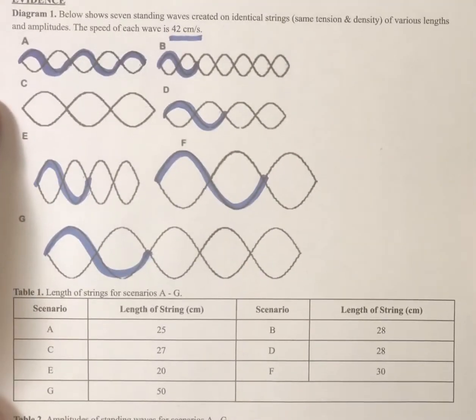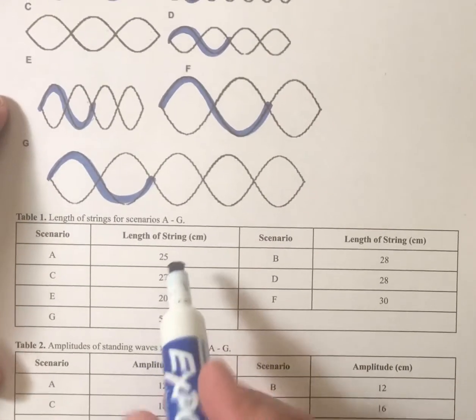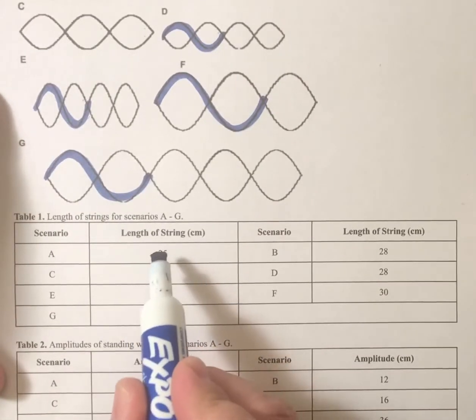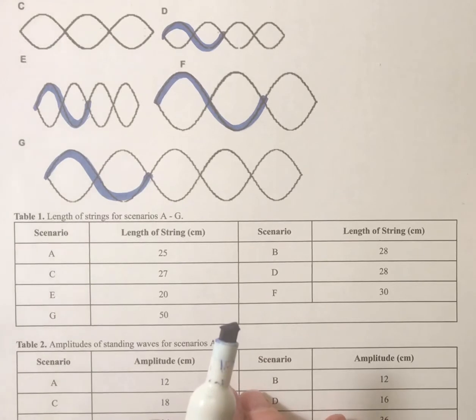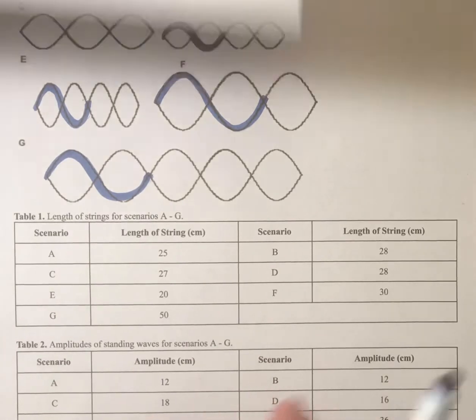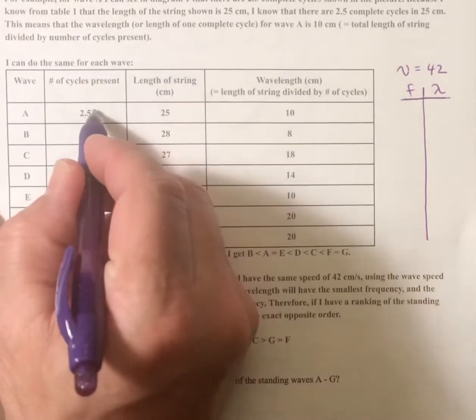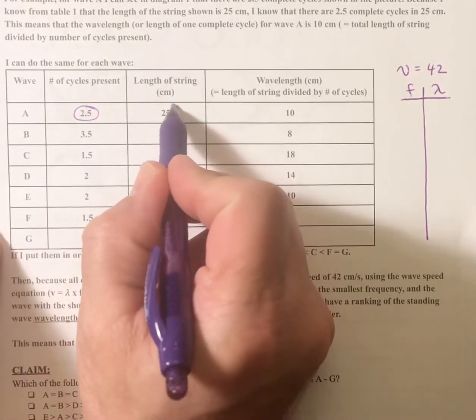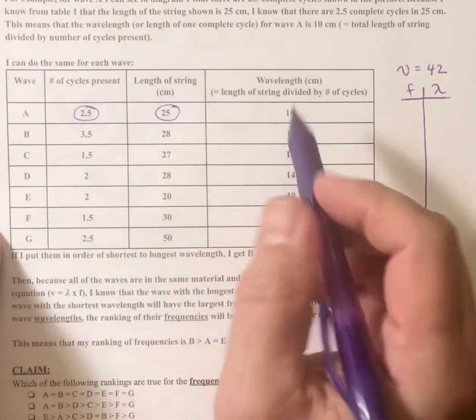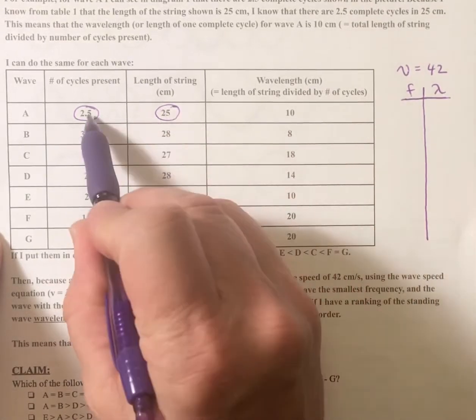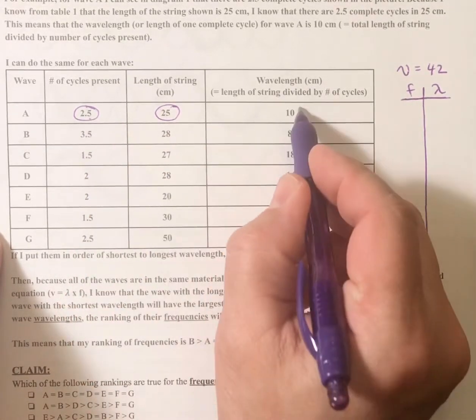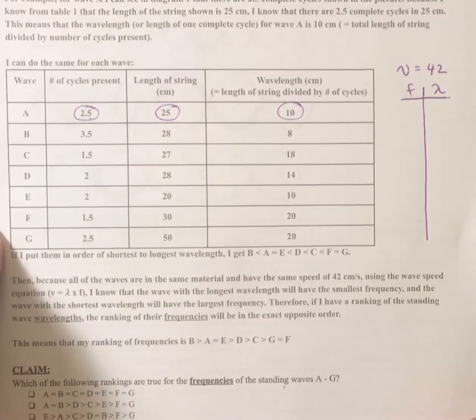So if there are 2 and a half cycles and the length of the string is 25, then we can just take the 25 divided by the 2 and a half, and that will give us 10.